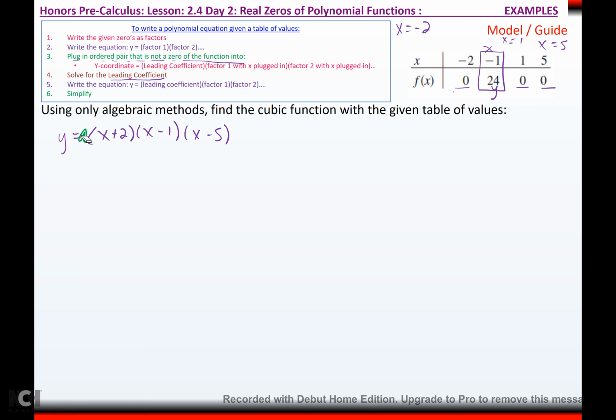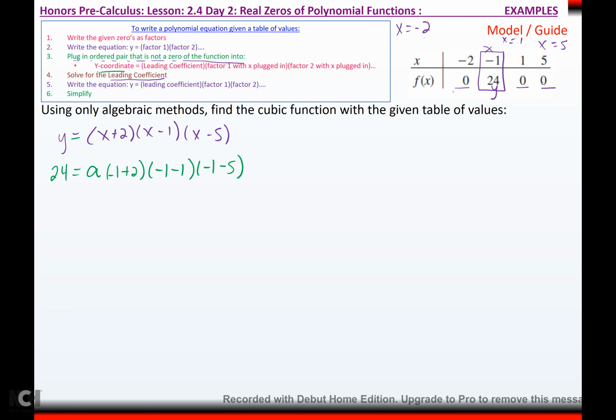So my y is 24, so I'm replacing that with 24, equals my a, I didn't put here because I don't know what it is, but that's my leading coefficient. And everywhere I see an x, I'm going to put -1. So I have -1 plus 2, -1 minus 1, -1 minus 5.